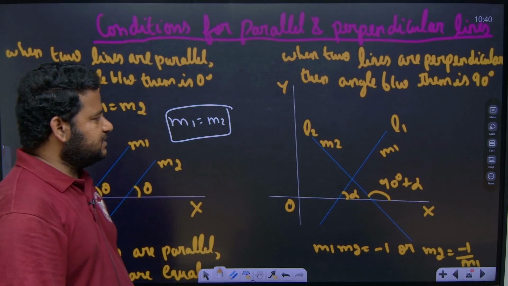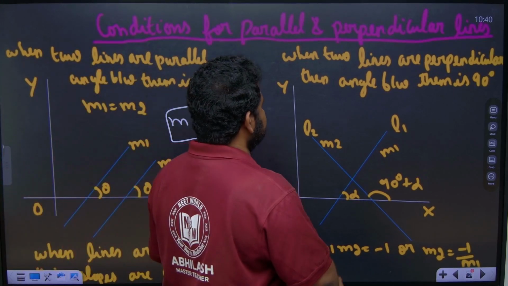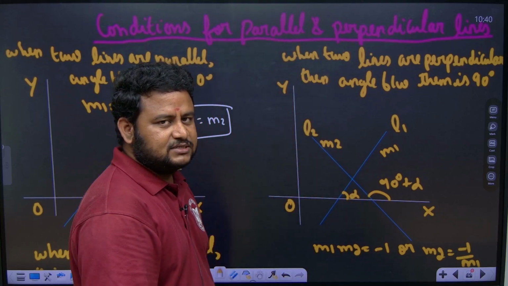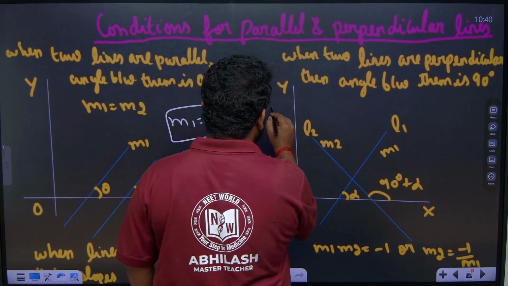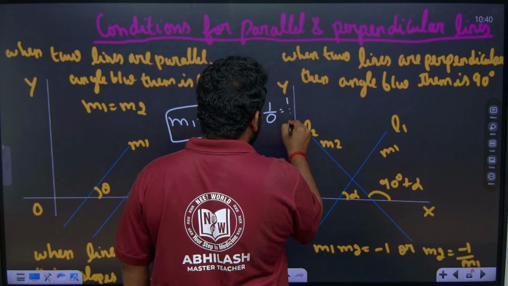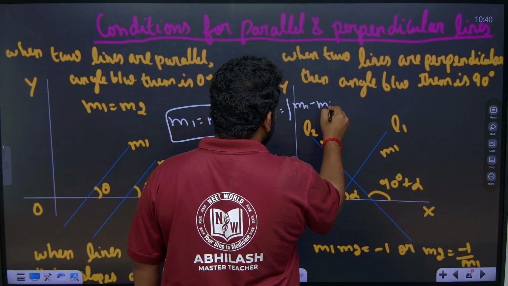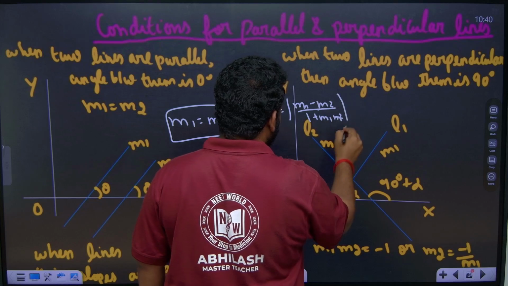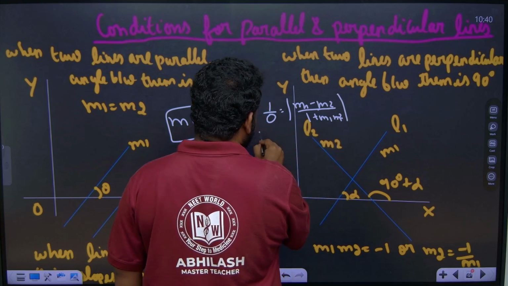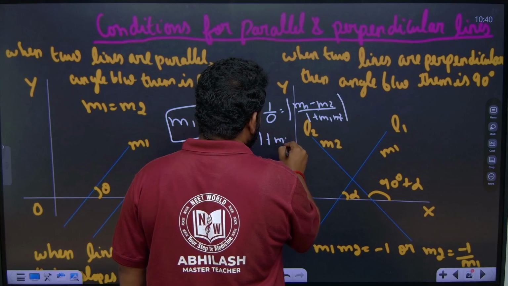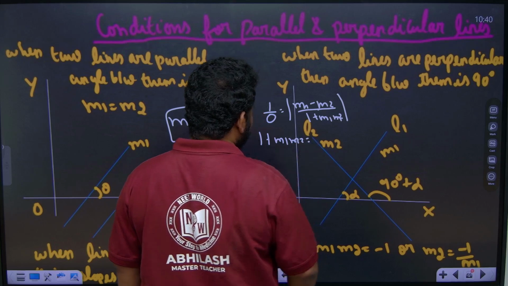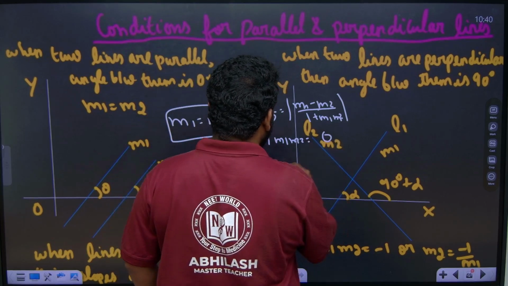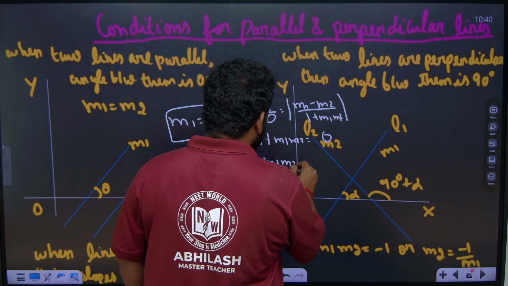So what happens when the lines are perpendicular? The angle between them is 90 degrees. Tan 90 is infinity, that is 1 by 0, equal to modulus of (m1 minus m2) by (1 plus m1 m2). So 1 plus m1 m2 is equal to 0, and m1 m2 will be equal to minus 1.